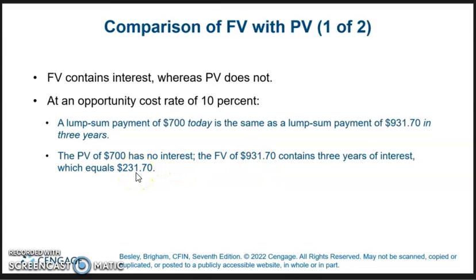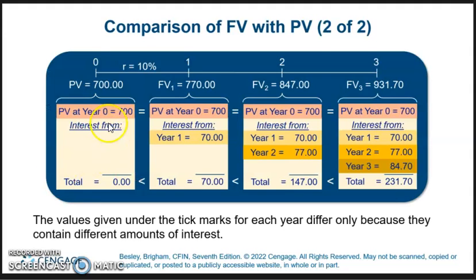So we go to the next slide. Our first year, our 700, there's no interest. And then the second year, we've got 10% interest, so $70 of interest. The year 2 interest is 10% on the 700 and the 70.